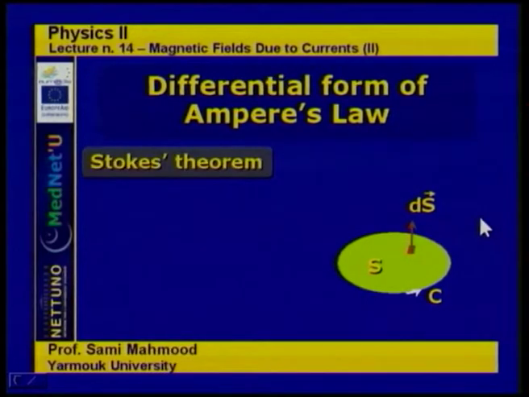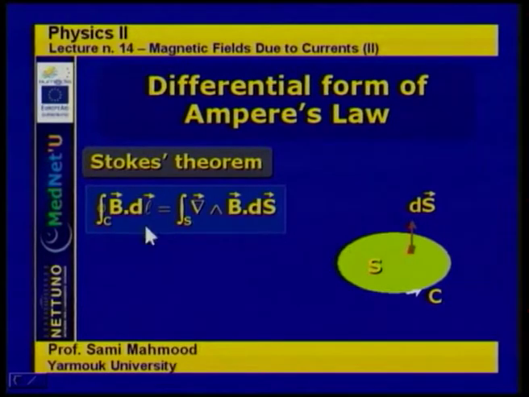And now we use Stokes' law applied to this integral, which is the integral that appears in Ampere's law. B dot dl integrated over the Amperian path C, using Stokes' law, is converted into an integral over the surface area enclosed within the Amperian path of curl B dot ds.